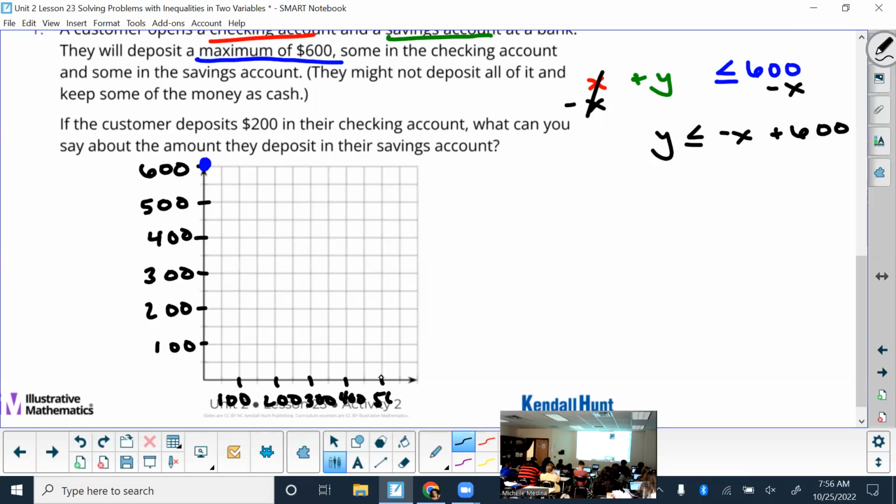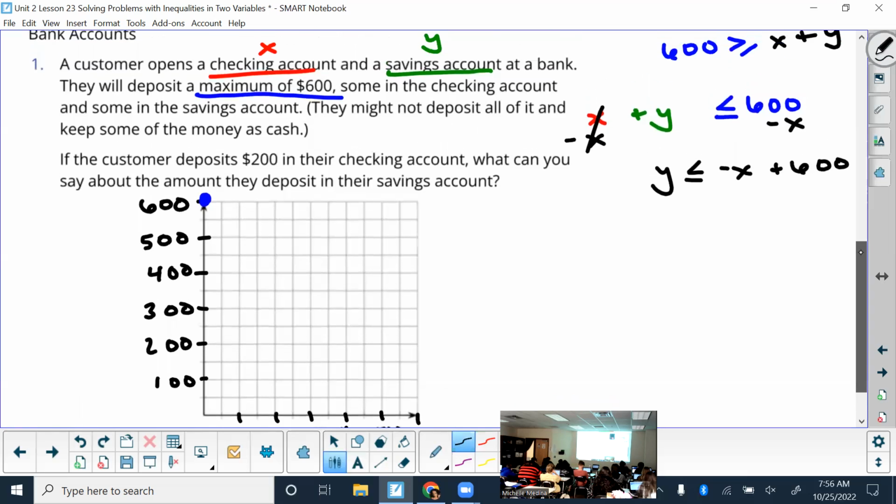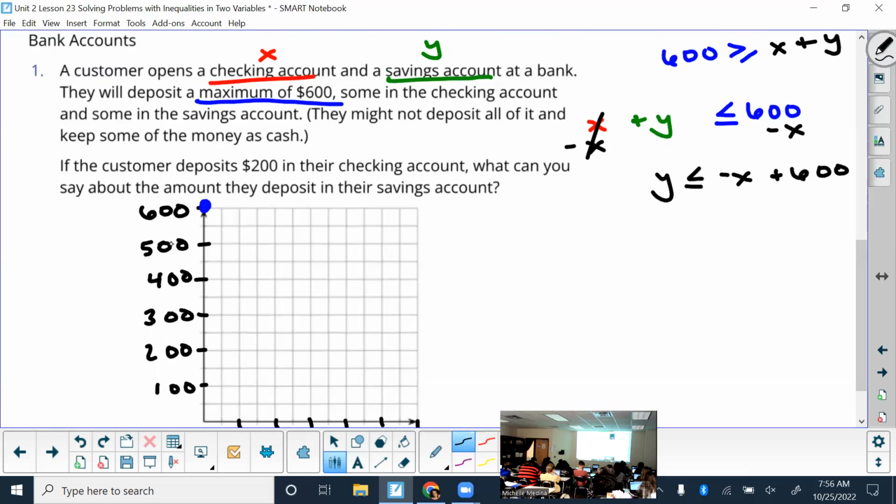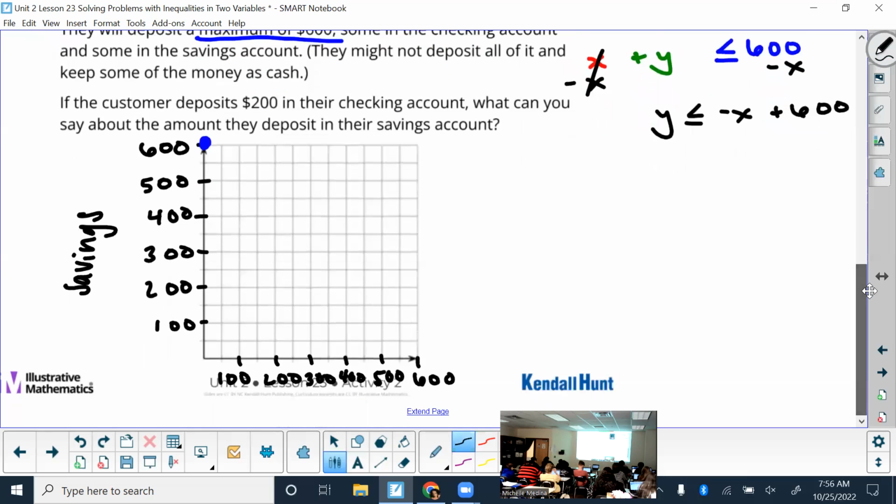I guess you could have 0 in the, I don't know what we labeled for the y. What did we say y was? We said it's the savings account. And then we said the x was the checking. So we could have 0 in the savings and 600 in the checking and vice versa. So that's why I chose to label it like that.